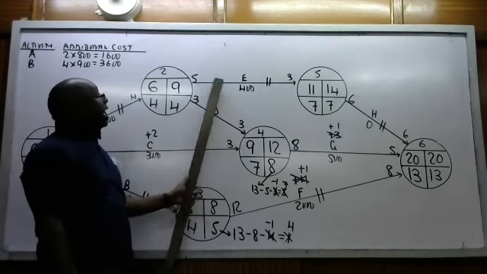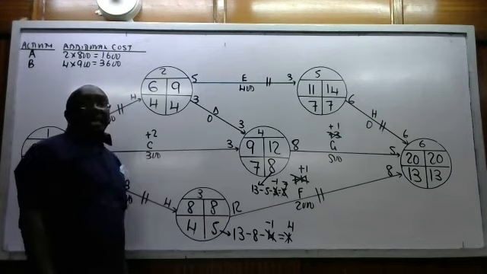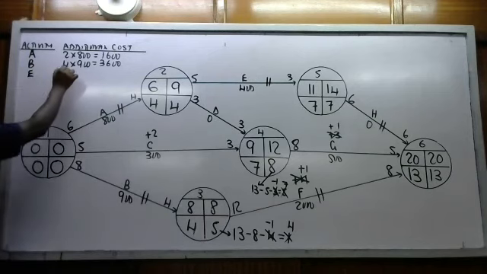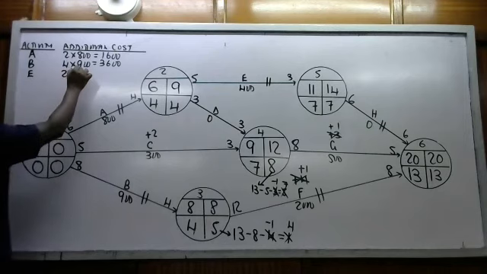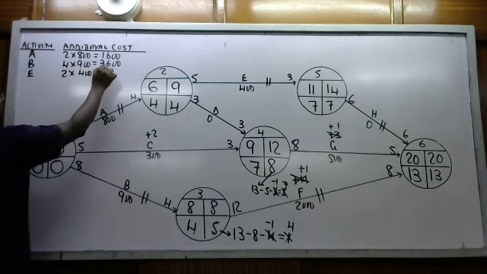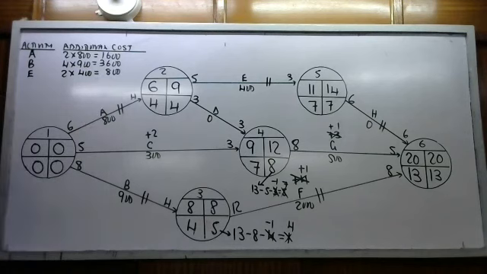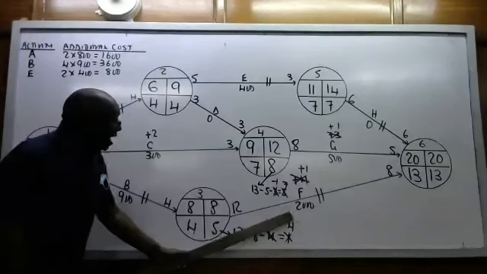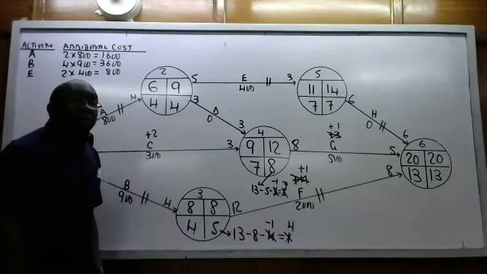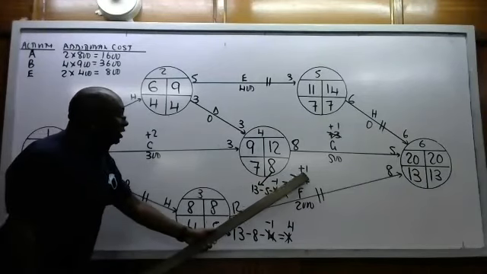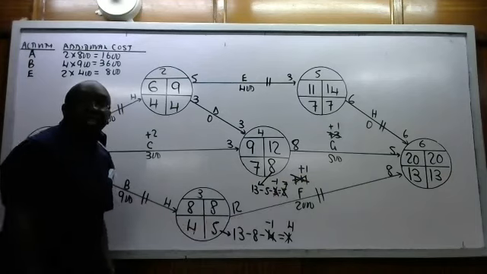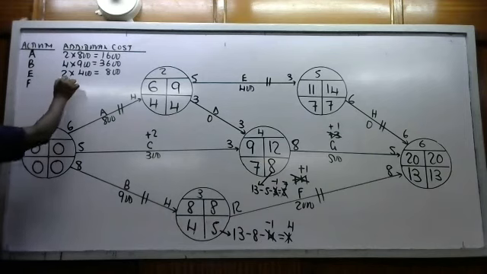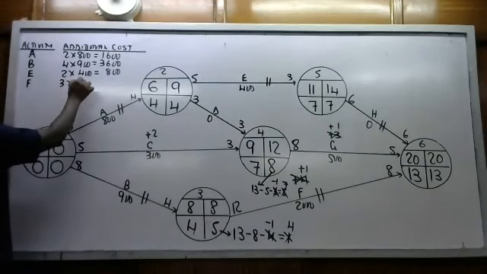E, we denied 2 days, but we have not returned anything. So it is 2 days at 400. That must be 800. F, you see F, we have denied 4 days. But we finally managed just to return 1. So there are 3 that have not been returned, at a cost of 2,000.